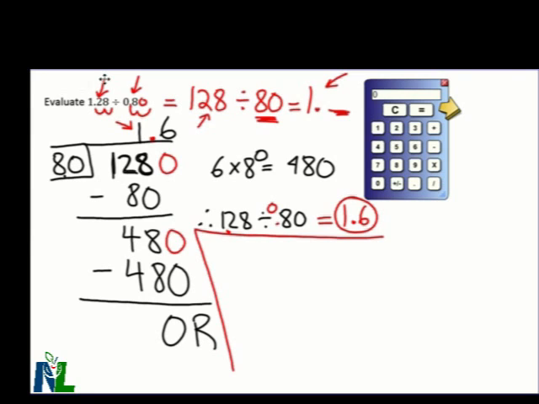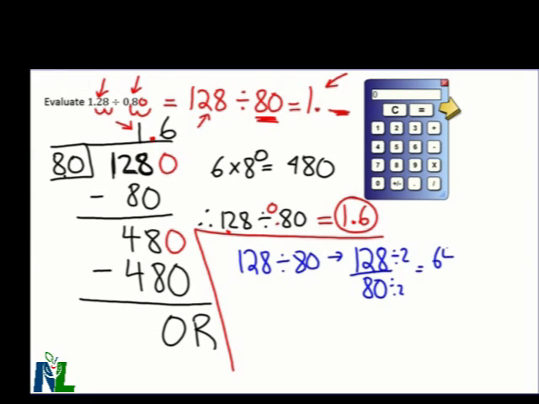Another way you could do it is if you realize that it's 128 divided by 80, you could write it in fraction form. And you can keep breaking it down into lowest terms. So you recognize they're both even, so you can divide it by 2.